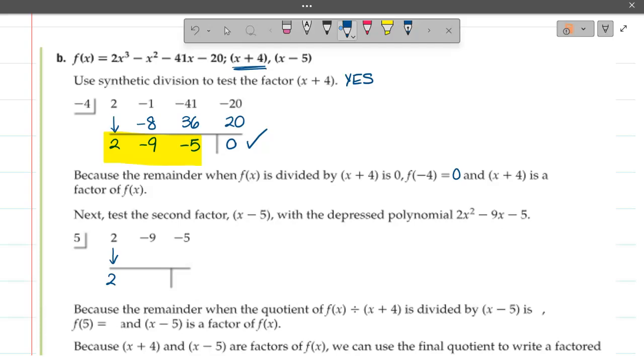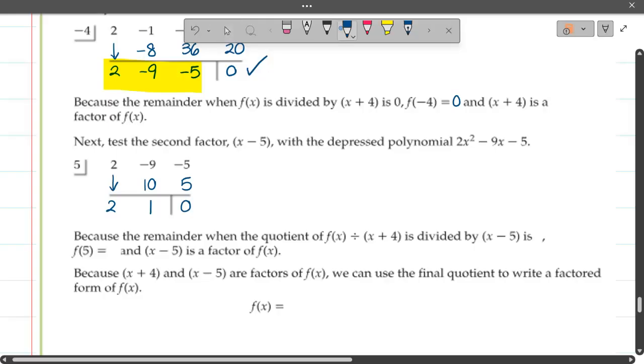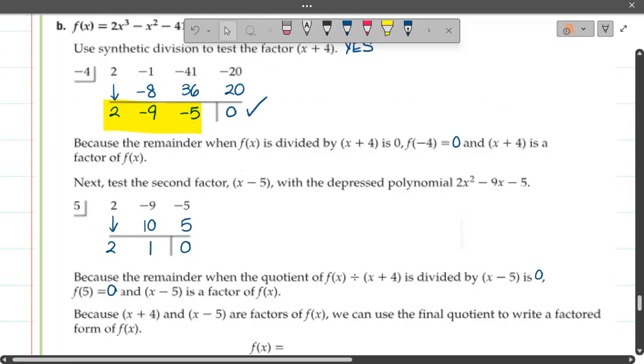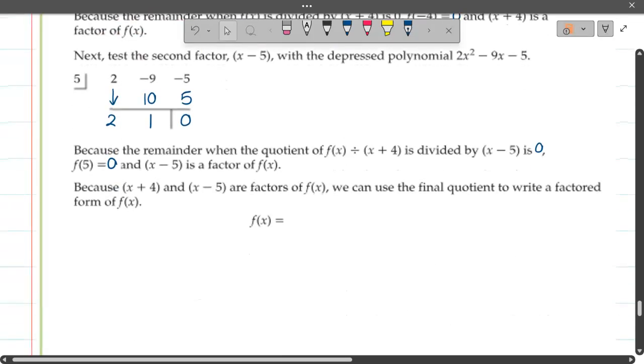Bring down the 2. 2 times 5 makes 10. Take away 9 is 1. 5 times 1 is 5. Take away 5 is 0. Which means that when it's divided, the remainder is 0. F of 5 is 0. And x minus 5 is also a factor. So now we can write it in factored form.